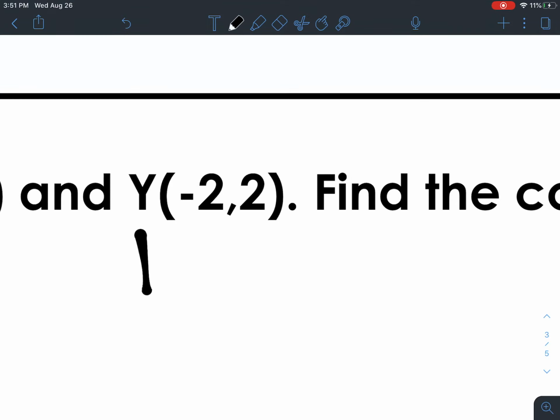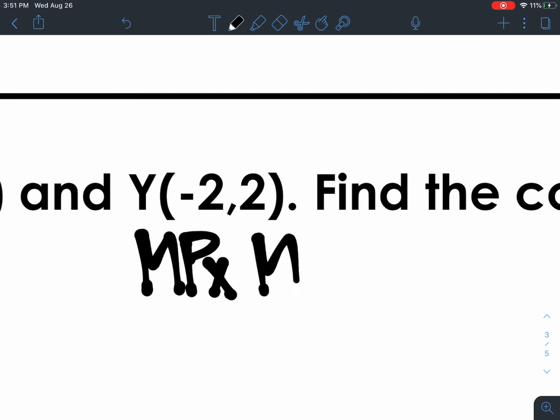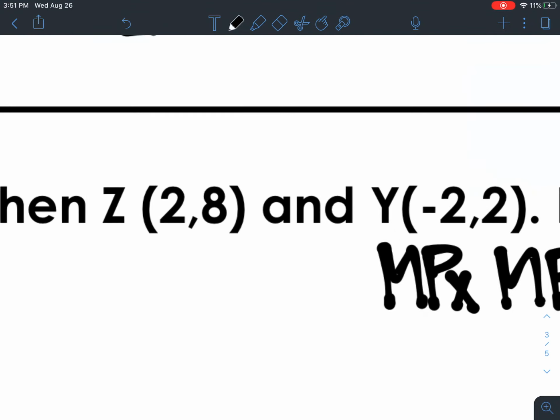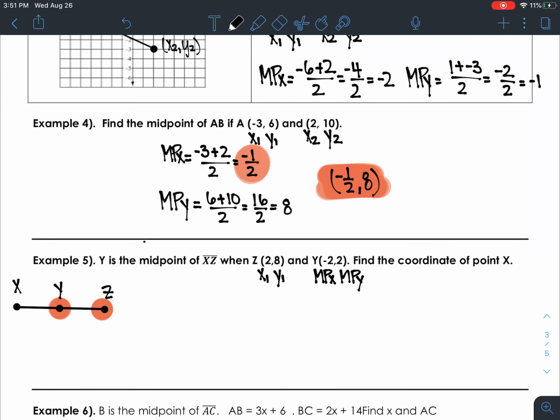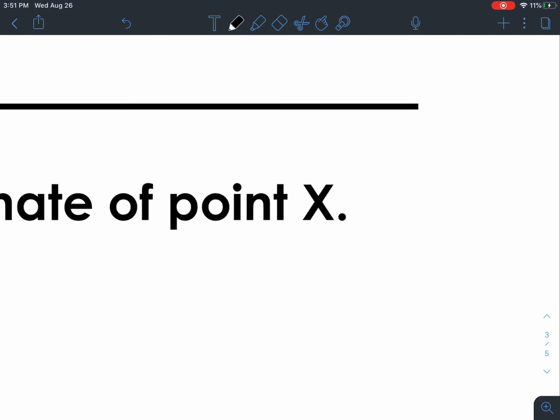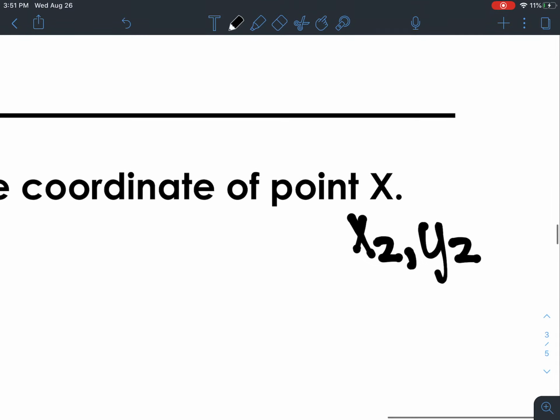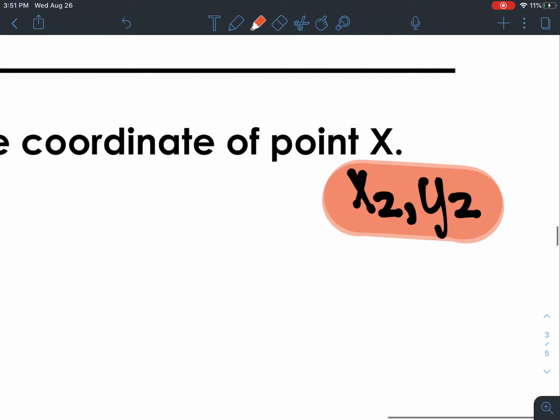So negative 2 is my MPX, and 2 is my MPY. And then I'm going to label my Z as x1, y1, which means that the point I'm looking for, X, is my x2, y2. This is what I'm trying to find.